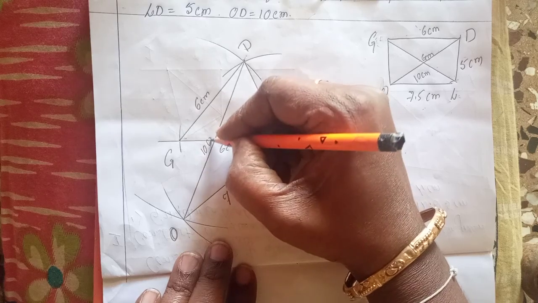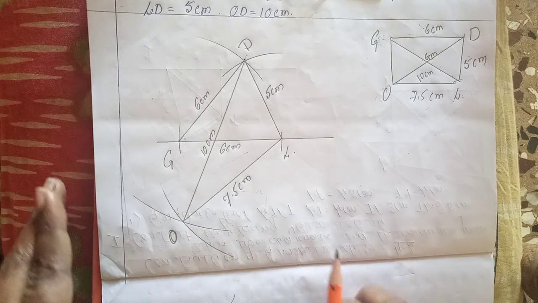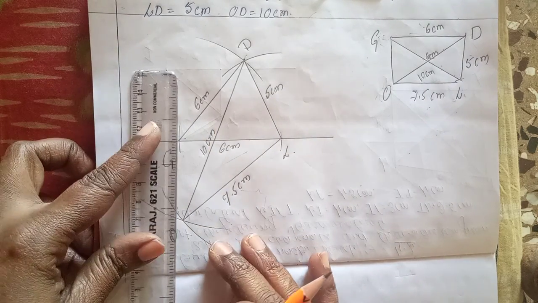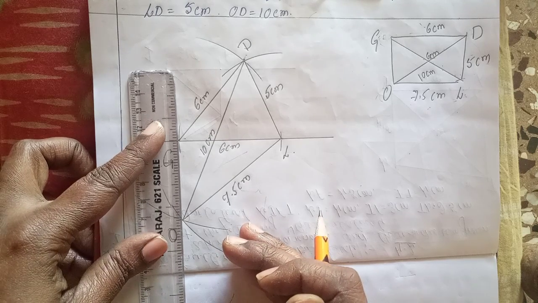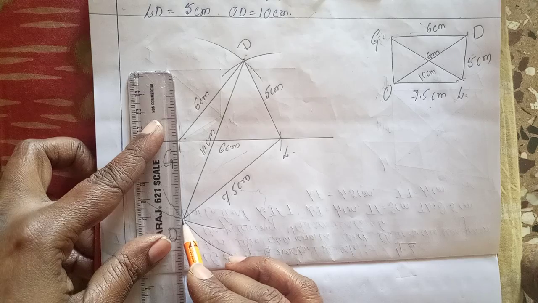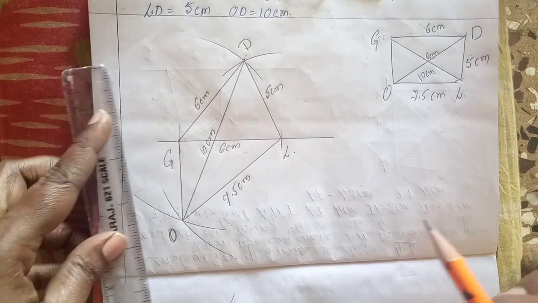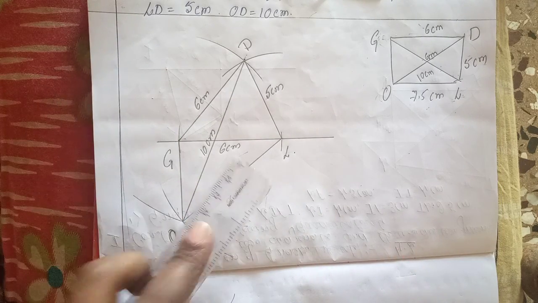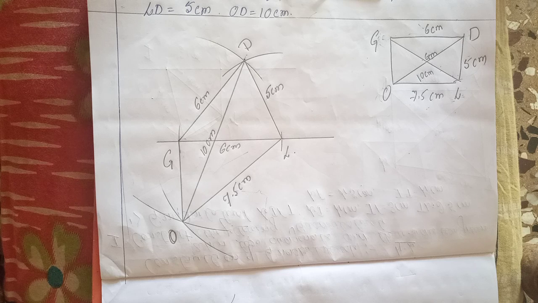OD is the diagonal, and the remaining side we will get by joining GO. The fourth side of the quadrilateral we get by joining the point O and G. Okay students, this is the required quadrilateral.